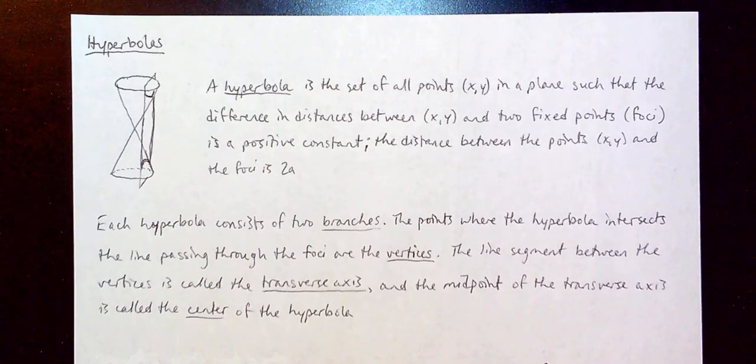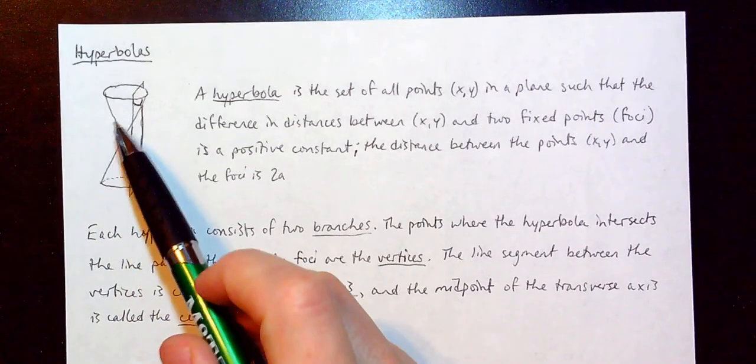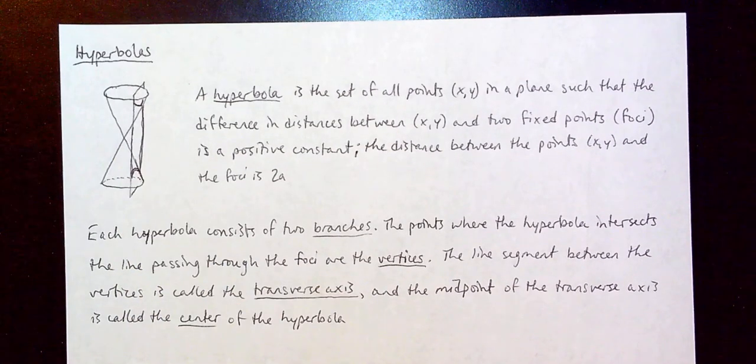In previous videos, we talked about circles and ellipses. A circle you get as a result of taking a plane, let's say like a flat piece of paper, and you chop it horizontally through the cone here. That gets you a circle. If you take that plane or that piece of paper and you chop it through the cone at a slight angle, you get an ellipse.